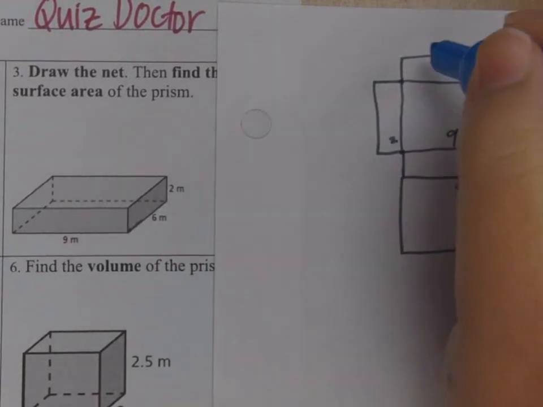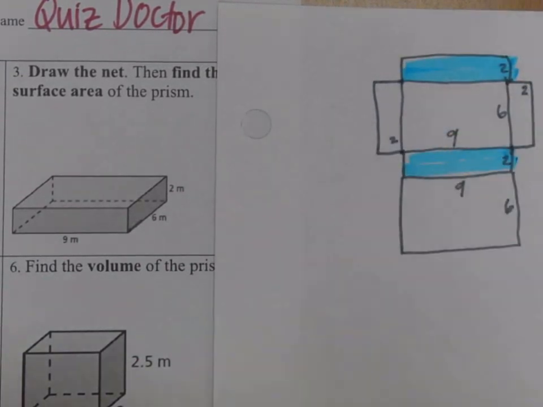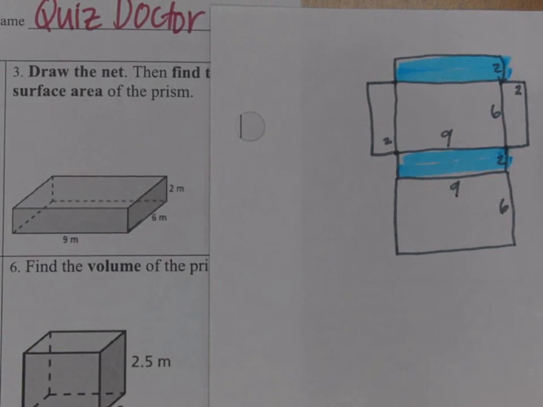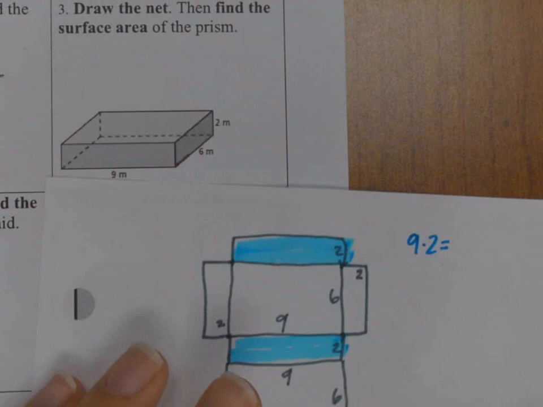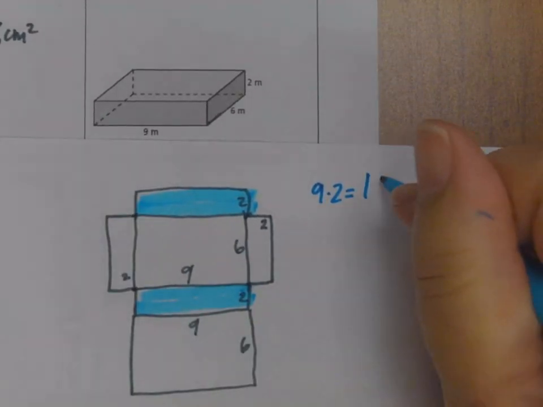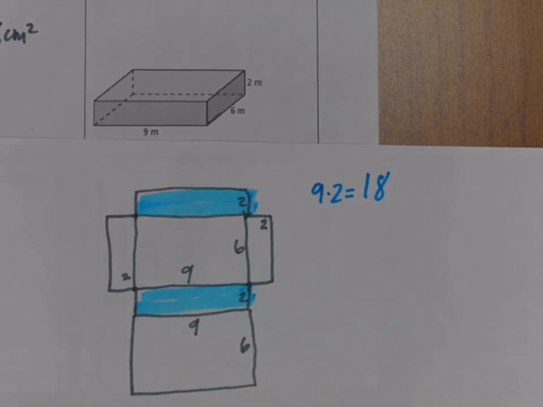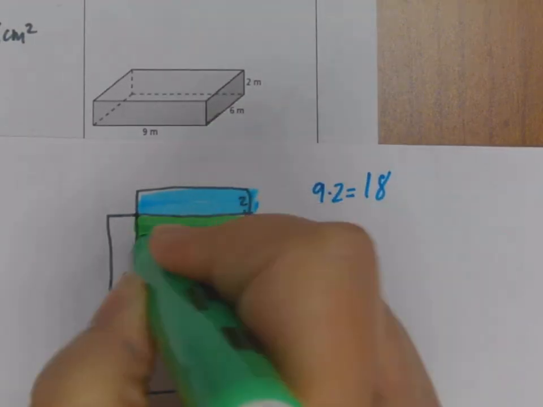So let's start with these 9 by 2s right here. Okay, so we've got 9 times 2, which equals 18. Me go this way. All right, and then we've got our 9 by 6s.